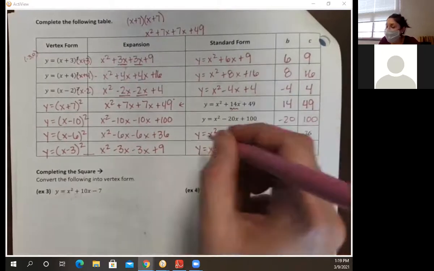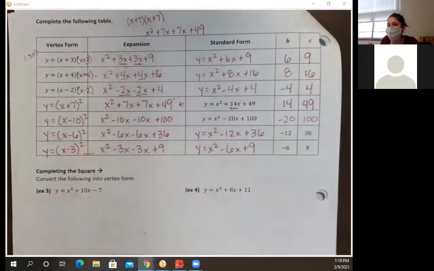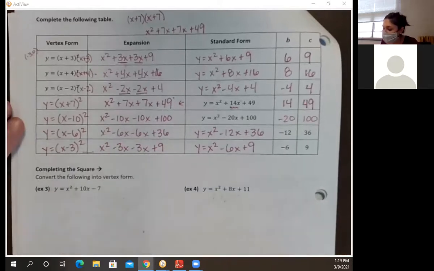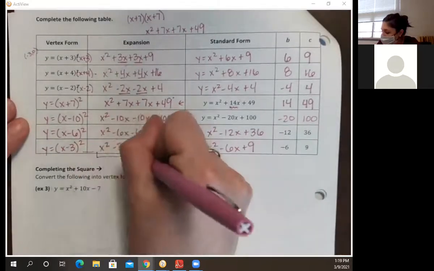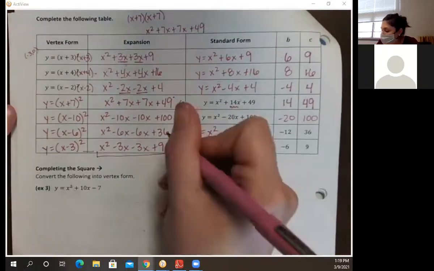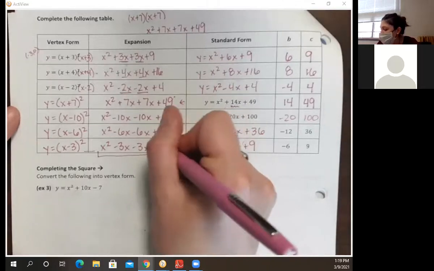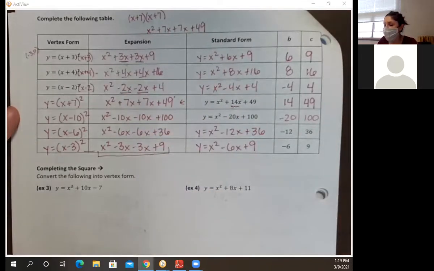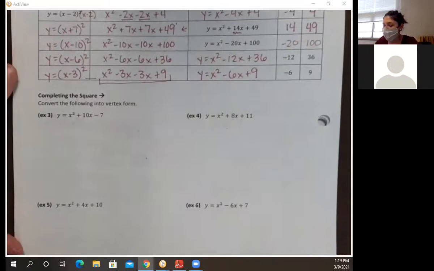So we're going to use a really similar process, but with a couple of modifications. This is called completing the square. And the idea is we want something like this to be a part of our problem. We just may not have this nice c value already. Okay, so that's what we're going to look at with our last few examples.